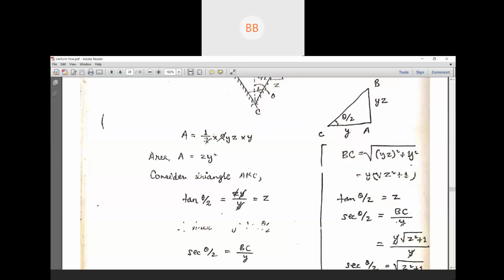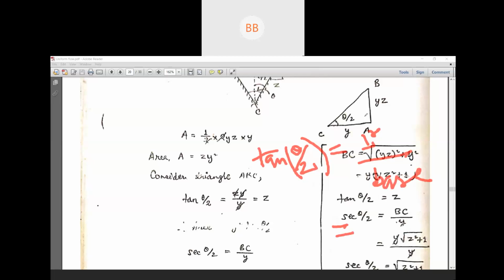Then we are going to consider tan theta by 2. So tan theta by 2 is equal to perpendicular by base.